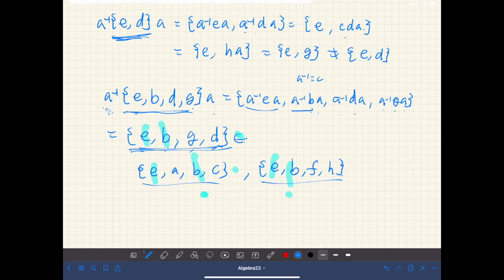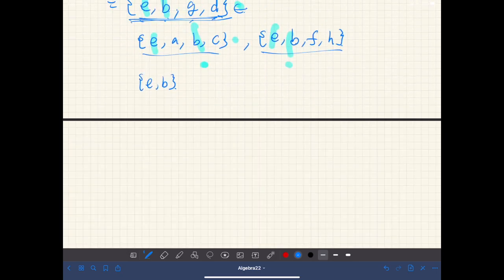And of course, as we have seen, the intersection of 2 subgroups is again a subgroup. So of course EB is a subgroup. And what else? Okay, so we have the following. So ED is a subgroup, and if we take A inverse times this subgroup and A, then we have A inverse EA and A inverse DA.